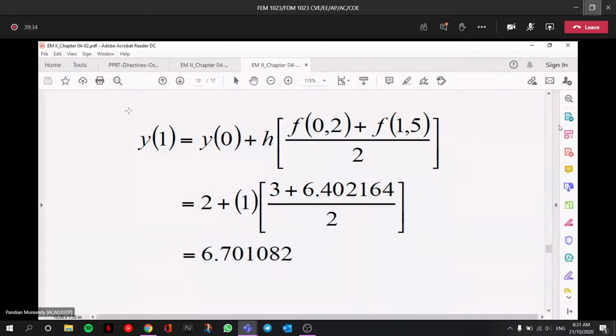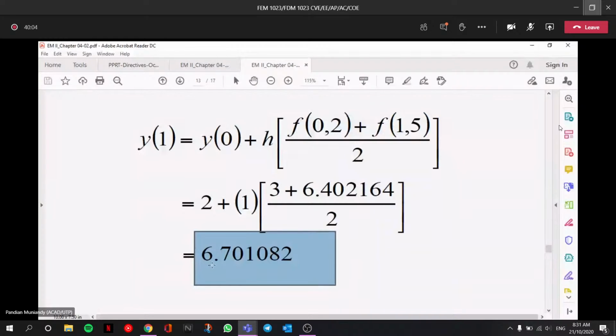So at x equals 1, we call it y1. The output is 6.701082. This value cannot be very different when each one of you solves this problem, because everyone is using the same method, Heun's method. Unless you use Euler's method, then you have a different answer. But at the moment, we want to use Heun's method.